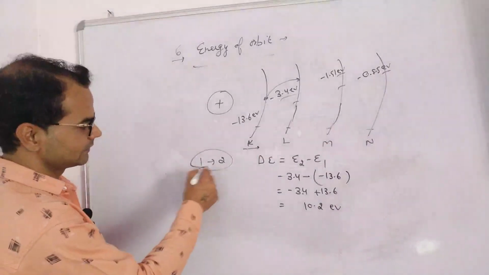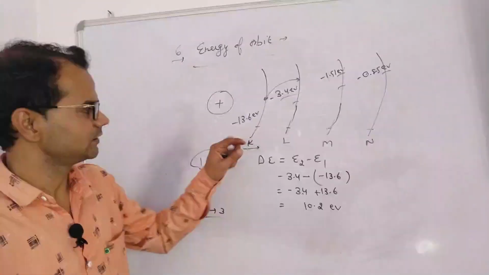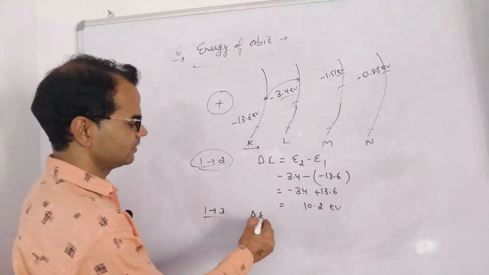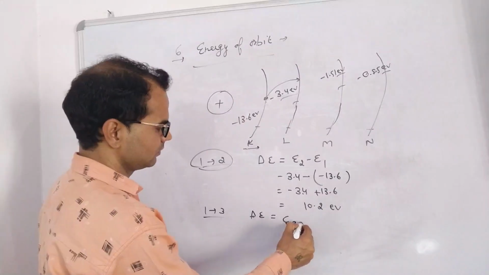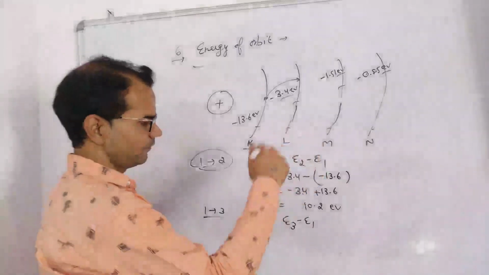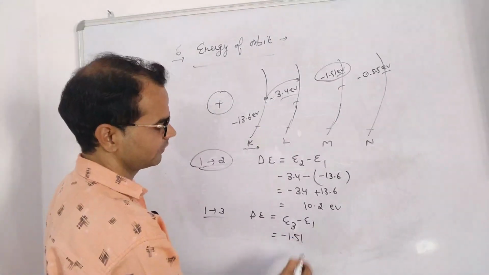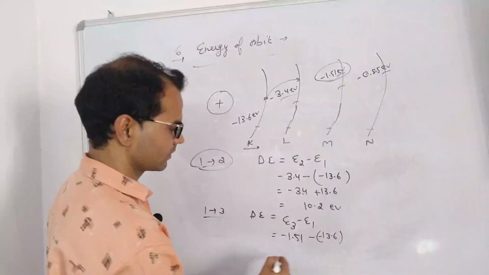Let's solve one more case. If the electron jumps from the first to the third shell, from K to M shell, delta E will be E3 minus E1. The value of the third energy orbit is minus 1.51, the first is minus 13.6.